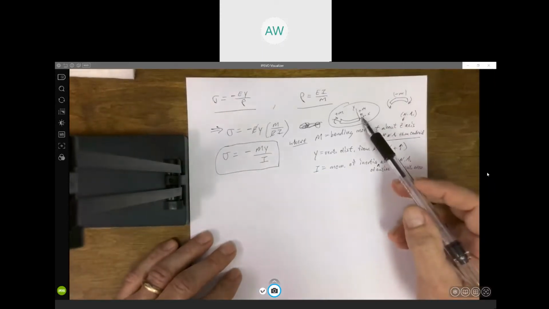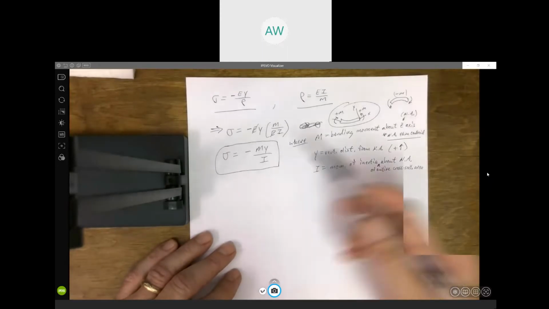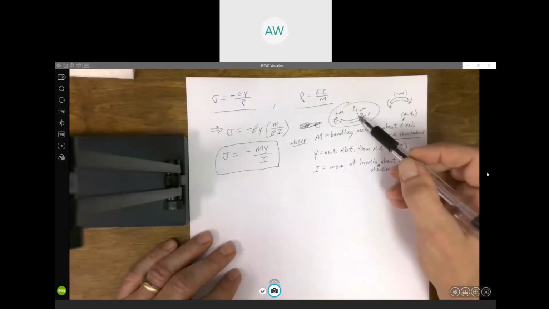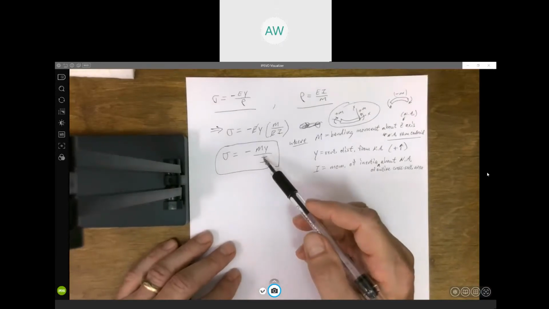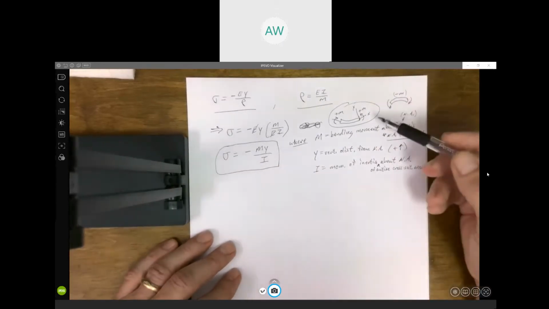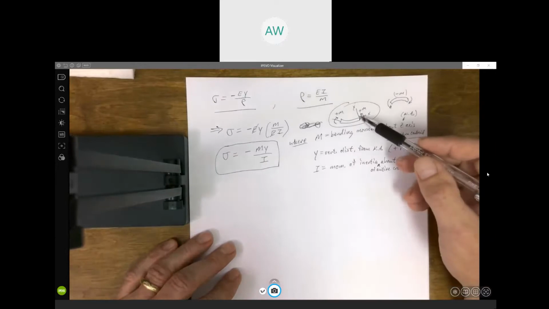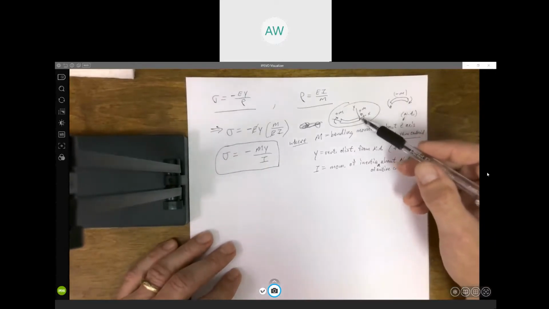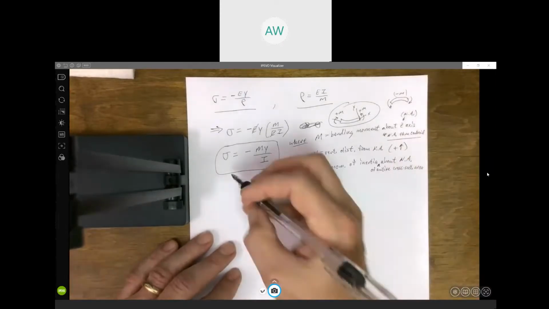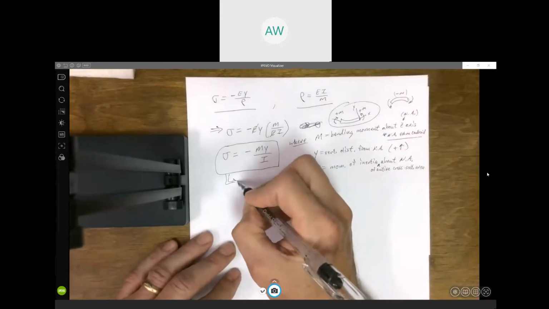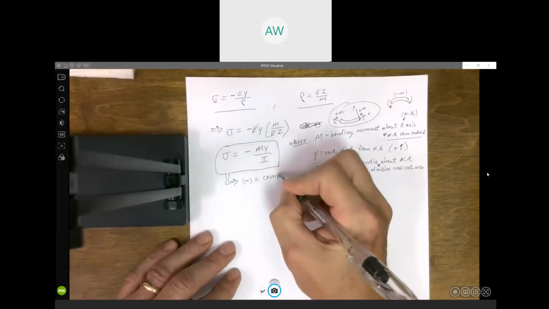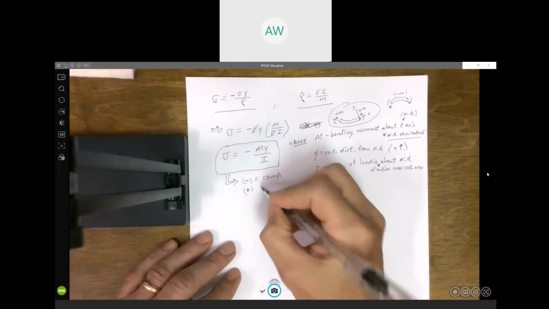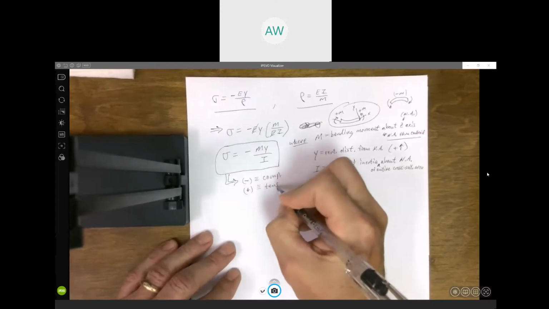So if we have a positive moment and we have a positive y, this is going to give me a negative stress, which corresponds to compression, right? Because if y is positive for a positive moment, anywhere above that neutral surface or neutral axis is in compression. So this formula is going to give you negative values corresponding to compression, positive values corresponding to tension.